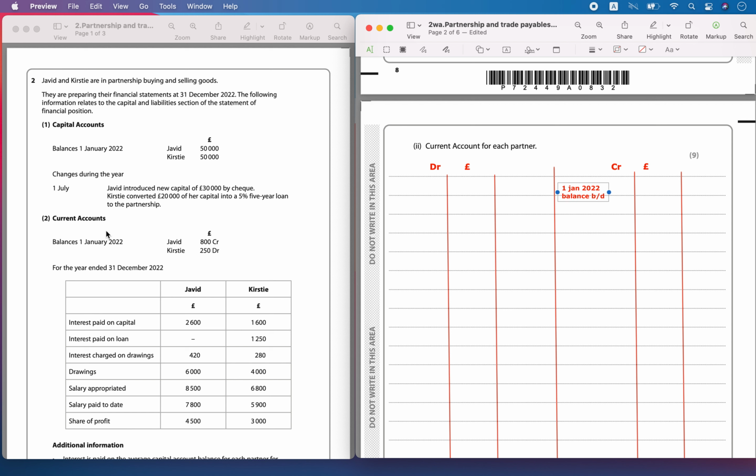For the Javid account it is 800, and for Kirstie, so let's write the names. This is Javid and the second one is Kirstie.